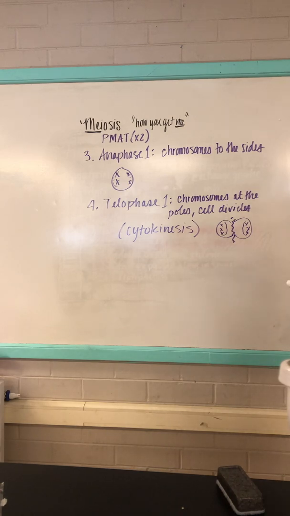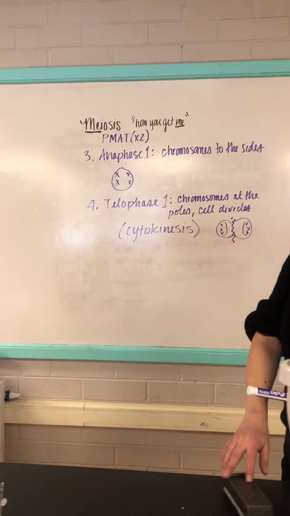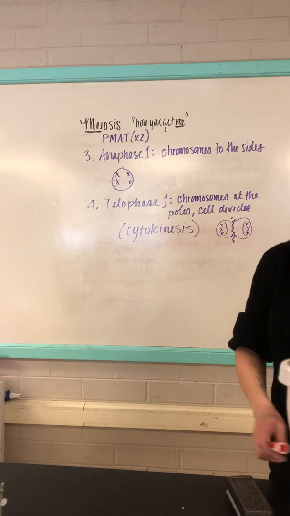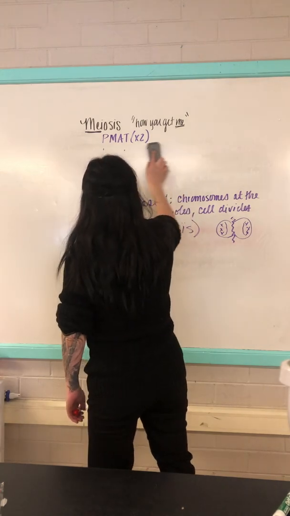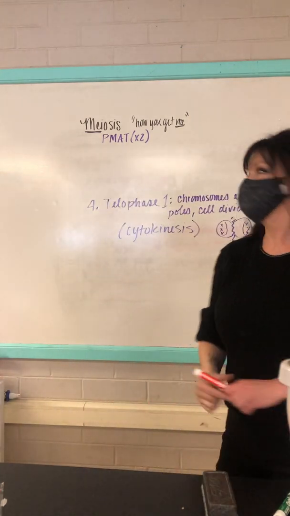Alright, so we went through the PMAT thing once. Now we're going to go back through it again. So it just starts all over with the first phase, which is prophase, except this time it'll be prophase 2.